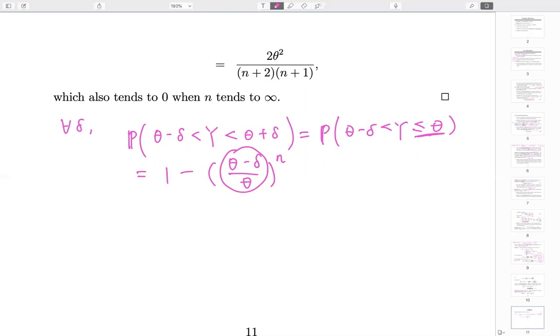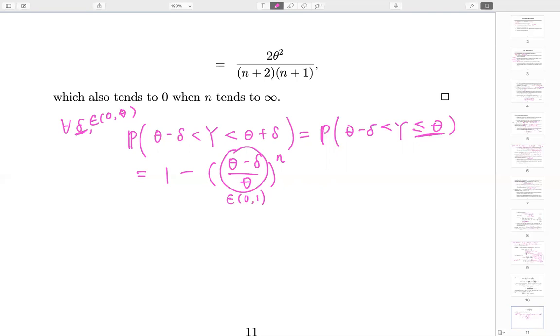This is less than 1, right? Let's pick a special delta, say delta is between 0 and theta. Then it's always between 0 and 1.